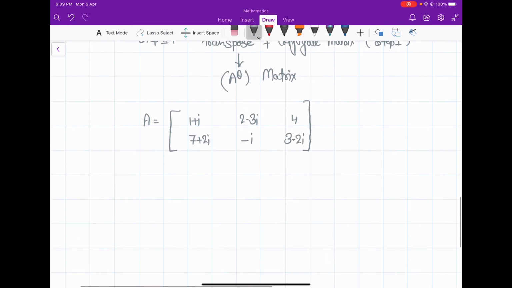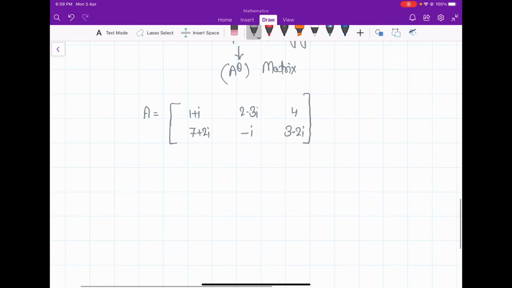So from step 1, the complex conjugate will be A bar, which is given by just replacing i by minus i. So this will be 1 minus i, this will be 2 plus 3i, this will be as it is 4 because this is a real number. Now this is 7 minus 2i, this is i, and this is 3 plus 2i.